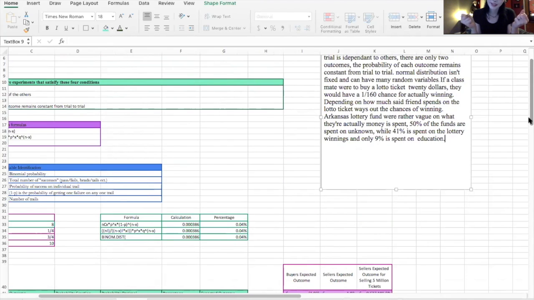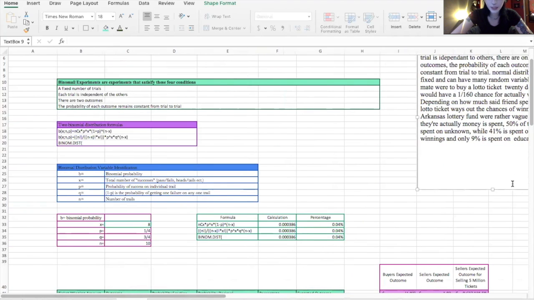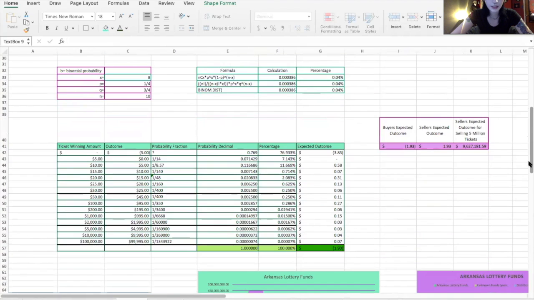You have a fixed set of data. So if a classmate bought a lotto ticket for $20, they would have a 1 in 60 chance of actually winning. As you can see here with all of these statistics, that's right there.